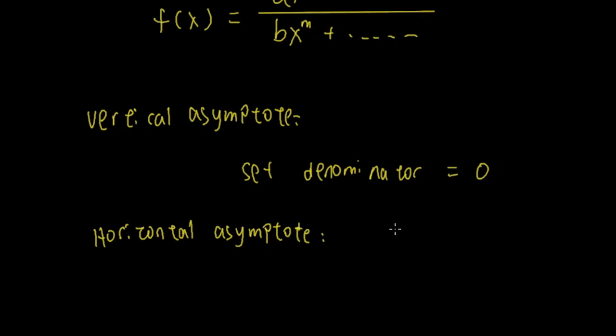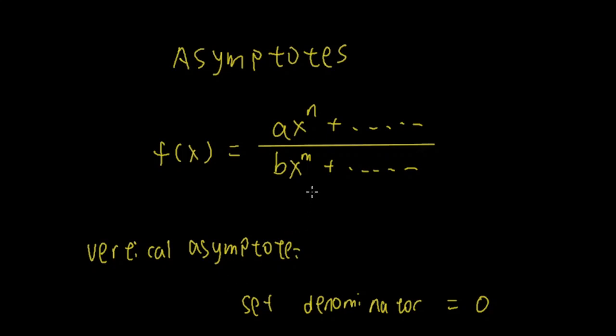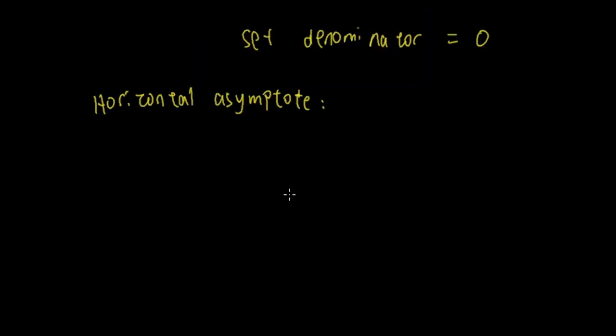So what's the rule for a horizontal asymptote? Over here, we look at the highest degree of power in the numerator and the denominator. Let's say n is the highest degree of power in the numerator and m is the highest degree of power in the denominator. Then, if n is less than m, the horizontal asymptote will be y equals 0.